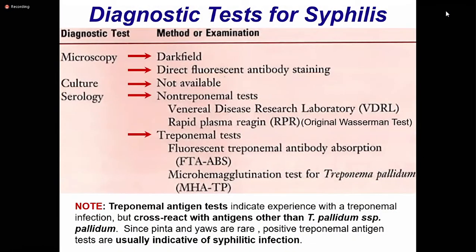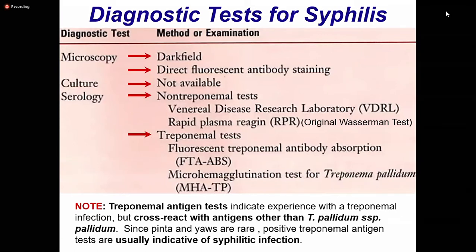Now, because this is a micro course, you may have some tests in the lab, but these are the diagnostics. These are important to probably remember. Either we use the microscope, by dark field or direct fluorescent antibody staining, as I said. Culture is not available.